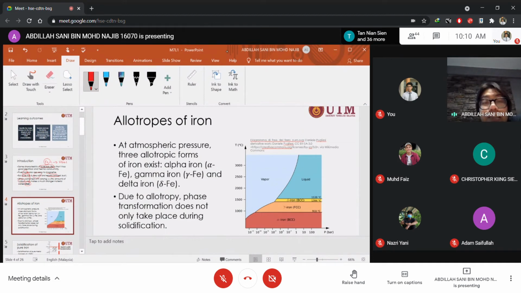Actually, it has three allotropes. Okay, from liquid, let's say atmospheric condition, around 1 bar. So along this line, at 1538 degrees and above, we are talking about pure iron.